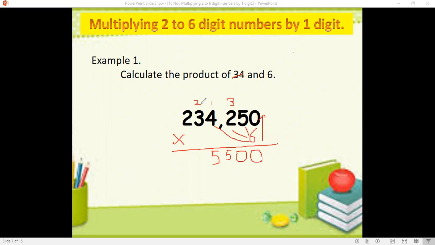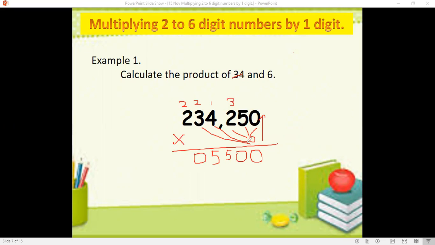You need to multiply before you add the number that you have carried above. So next is 6 times 3 is 18 plus 2 is 20. Again, we need to put 2 above the 2.